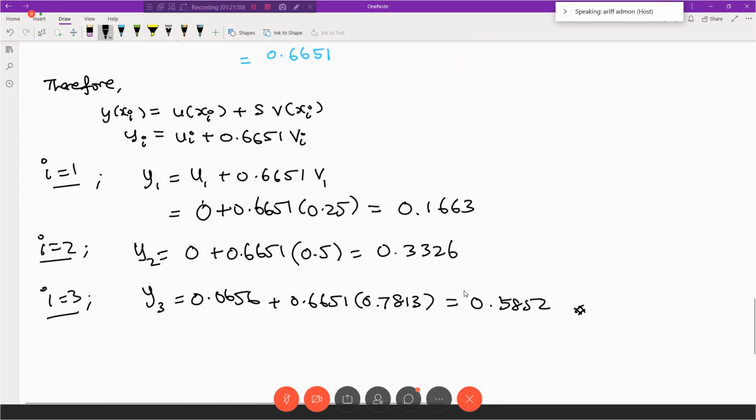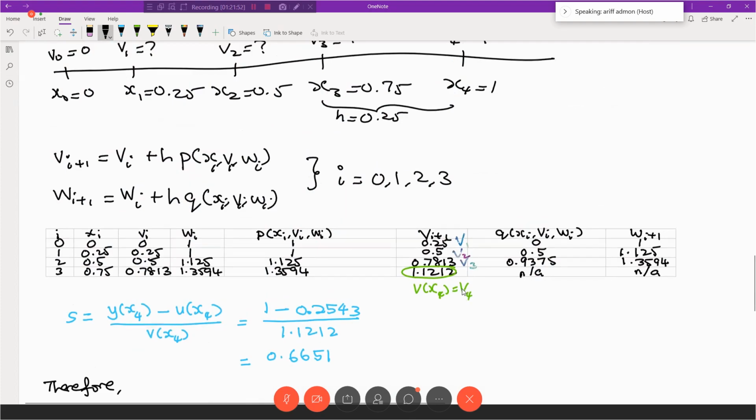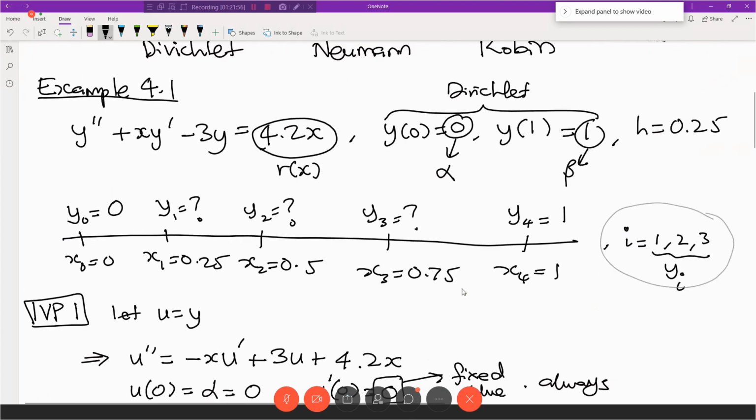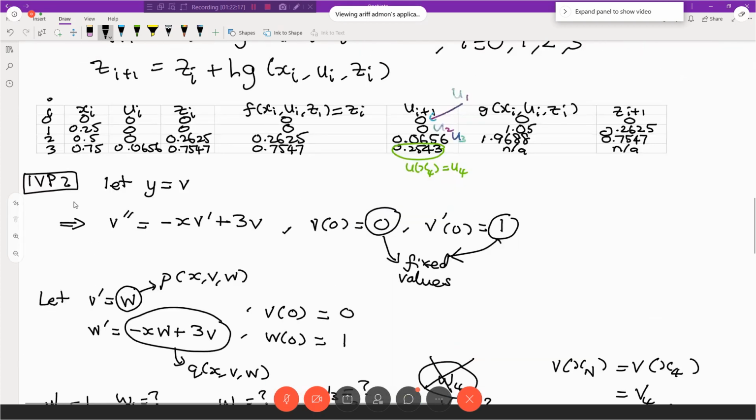Once again, I would like to repeat. When you are getting any boundary value problem, and they ask you to solve using the shooting method, just the general shooting method, they will give you another hint, which is what method you need to use to solve the initial value problems, IVP1 and IVP2.